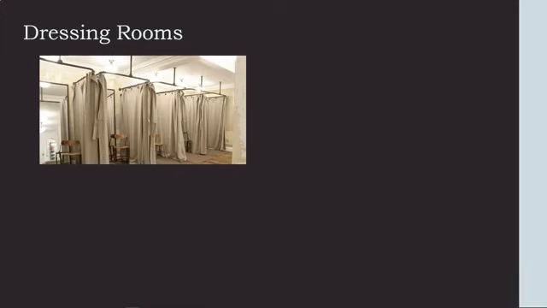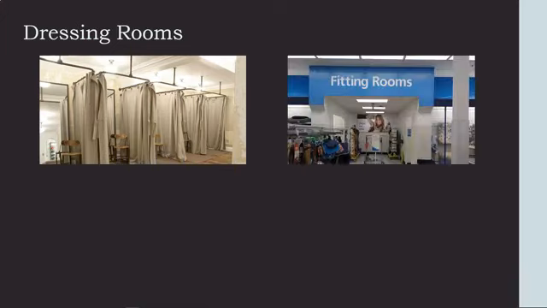It's also well lit. The second example is a fitting room at Ross. When you think about fitting rooms at Ross, do you think about how spacious they are or how luxurious they are? Probably not. When you go into a fitting room in Ross, you pretty much expect to stand on the top of your shoes if you have to take your pants off.